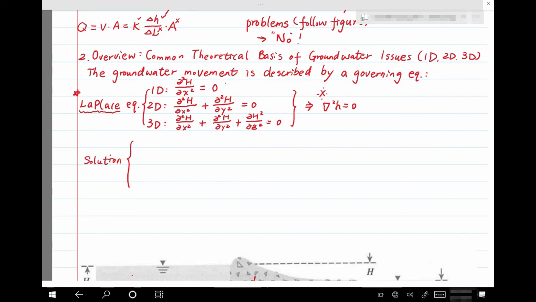The simplest solution is that in a few cases, we can get the solution manually. And that is 1D. So in the 1D case, we use Darcy's law directly.